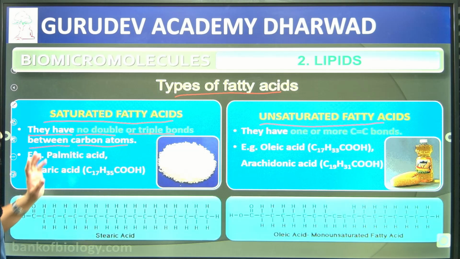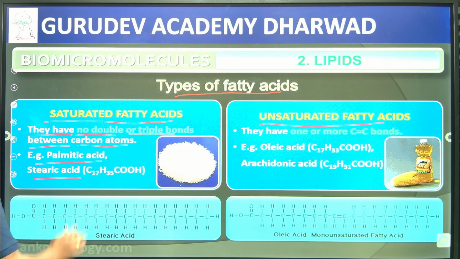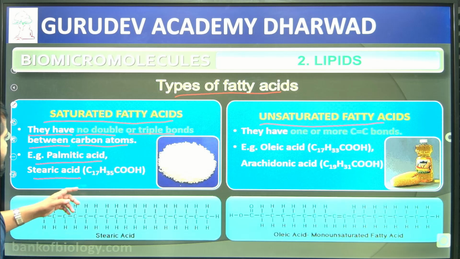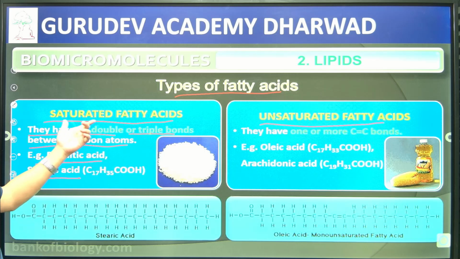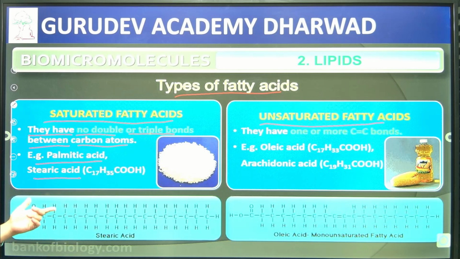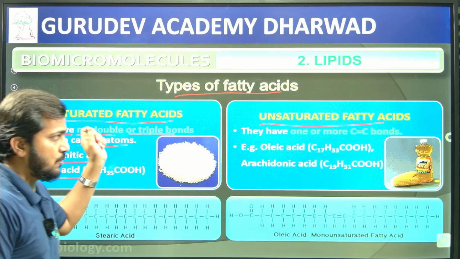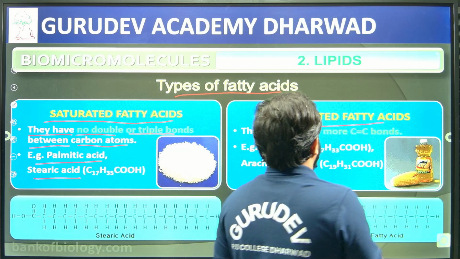They are known as saturated fatty acids. Examples are palmitic acid, then stearic acid, right? You should remember this is an 18 carbon compound. Stearic acid is an 18 carbon compound. Palmitic acid is a 16 carbon compound. They come under saturated fatty acids, which don't have a double bond or triple bond.